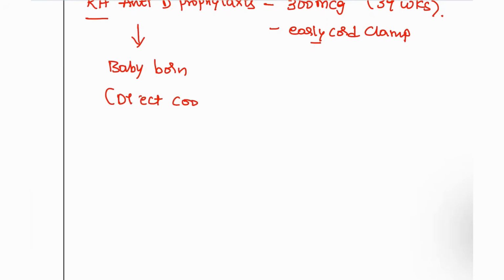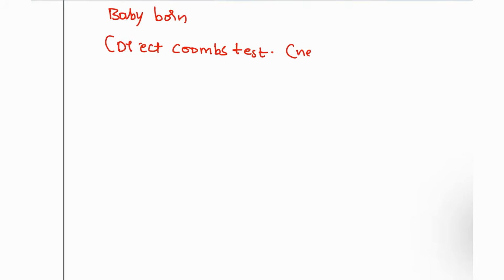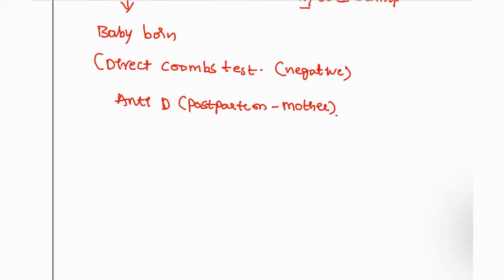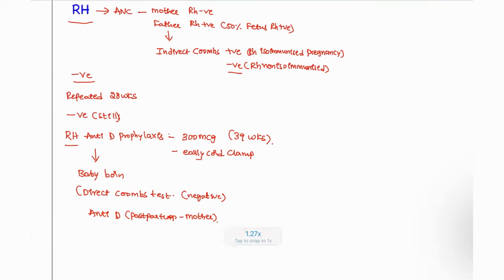If the direct Coombs test is negative, then you have to give anti-D prophylaxis postpartum to the mother. It should be given accordingly. This is how Rh incompatibility and the protocol and the treatment should be done.